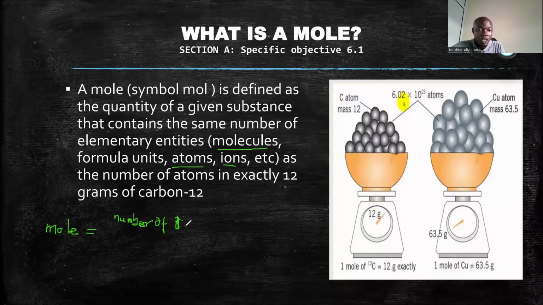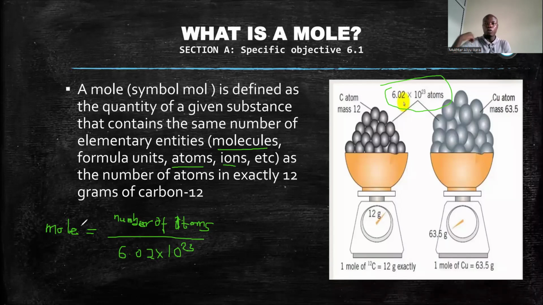Mole is equal to number of atoms all over Avogadro's number, because Avogadro's number is constant. So you can just say mole is equal to number of atoms all over Avogadro's constant, which is 6.02 times 10 raised to the power of 23. This one is always constant.